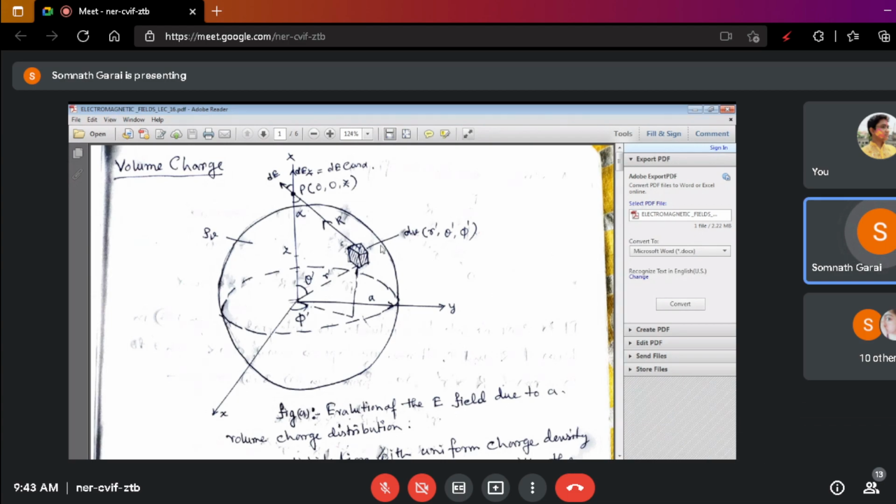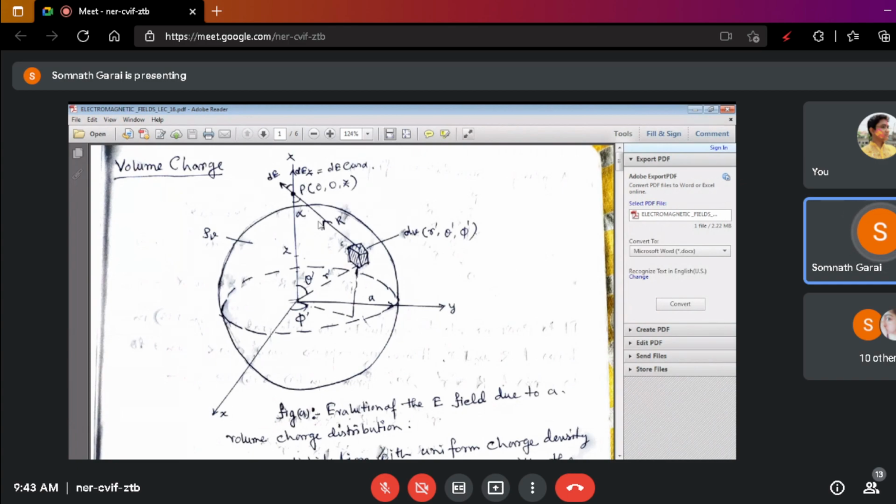We have to calculate the field due to the volume charge with respect to a point. That point is situated on the z axis, point P, whose coordinate is 0, 0, z.